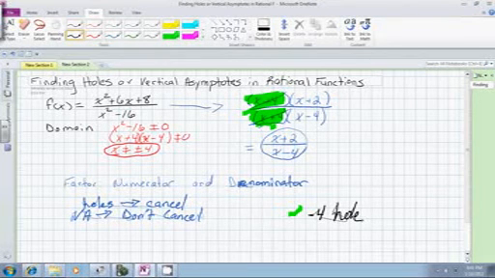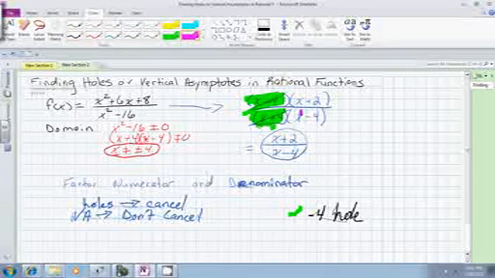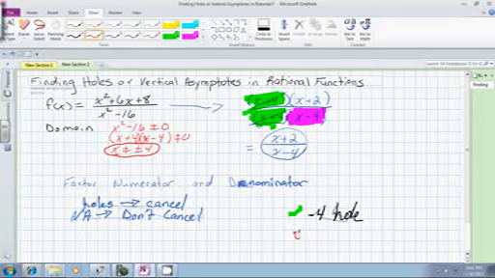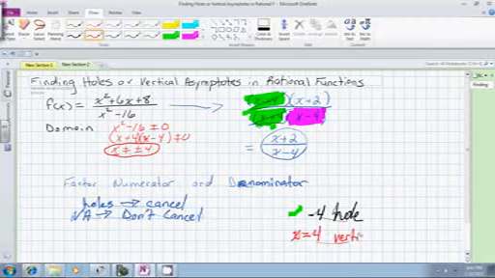And this value here that made it undefined, the positive 4, remained in my equation, so x equals positive 4 is a vertical asymptote.